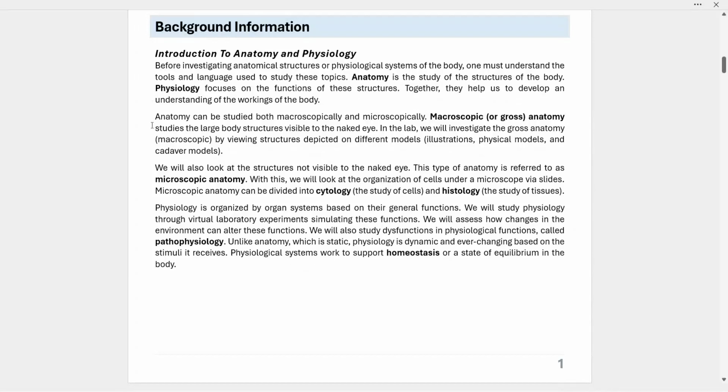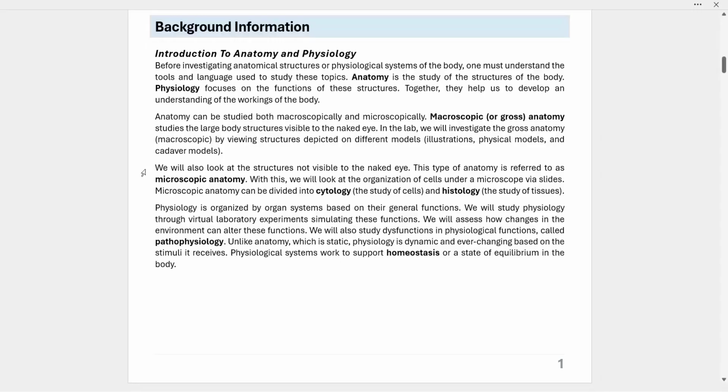Anatomy can be studied both macroscopically and microscopically. Macroscopic or gross anatomy studies the large body structures, the ones that you can see with your naked eye. In the lab, we'll investigate the gross anatomy by viewing structures depicted on different illustrations, physical models, and cadaver models.